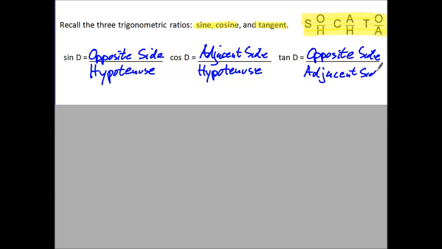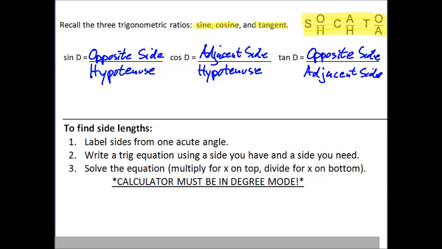SOHCAHTOA. In order to find side lengths, we have to go through these steps. First, we need to label the sides from the perspective of one acute angle. When I mean labeling, I'm talking about the hypotenuse, the opposite side, and the adjacent side.